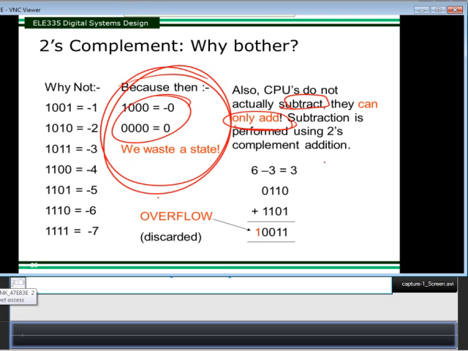So rather than doing 6 minus 3, what they would actually do is 6 plus minus 3, where this number is in 2's complement. This means that our ALUs are significantly simpler to design because they only have to do addition. They don't actually have to do subtraction.